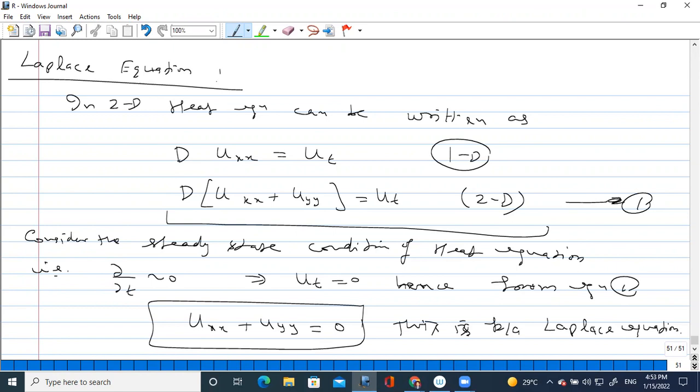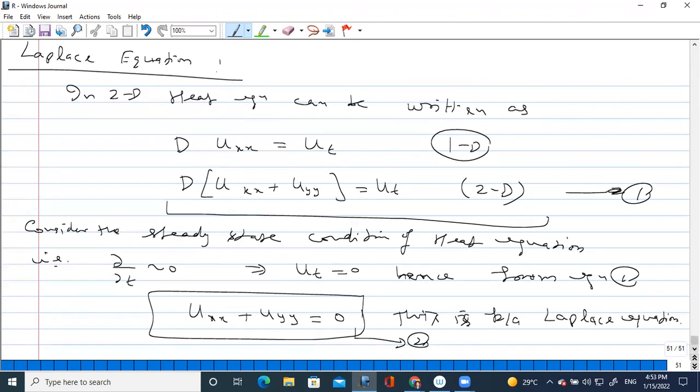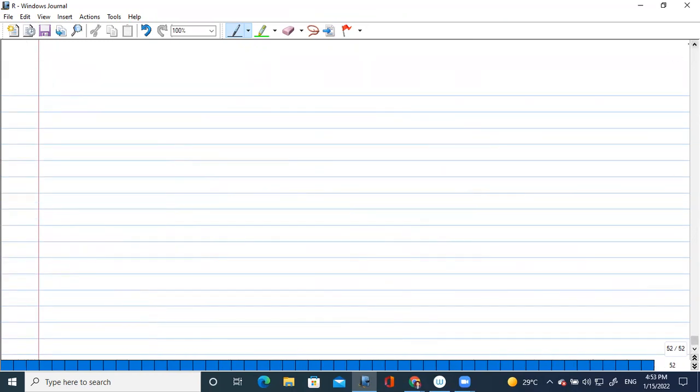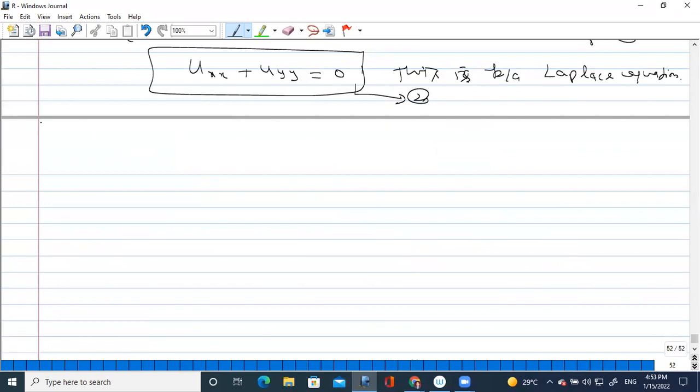Okay. Now to solve such type of equation, again we will put. So this is my equation number 2. We will use the same variable separable method to solve the Laplace equation.